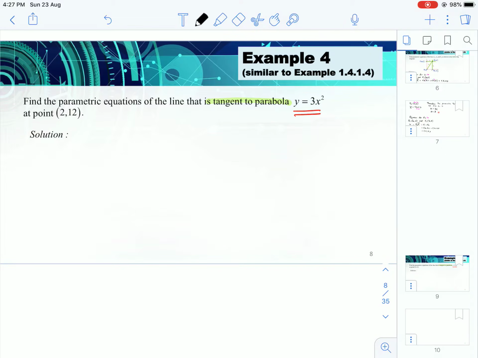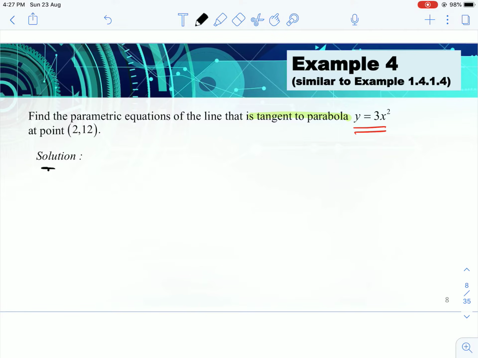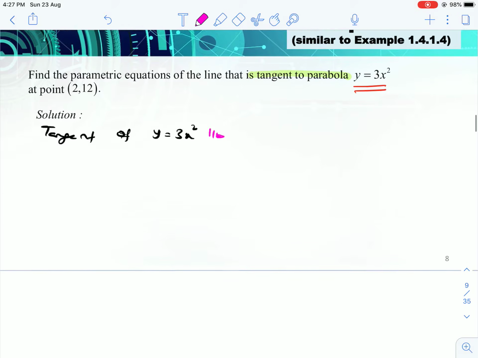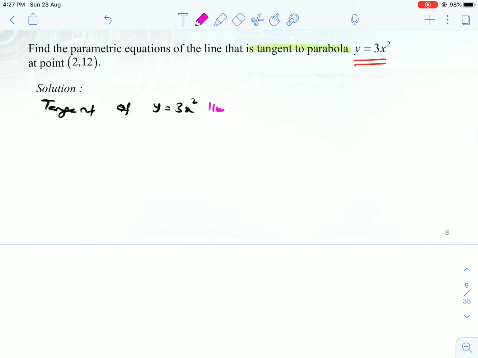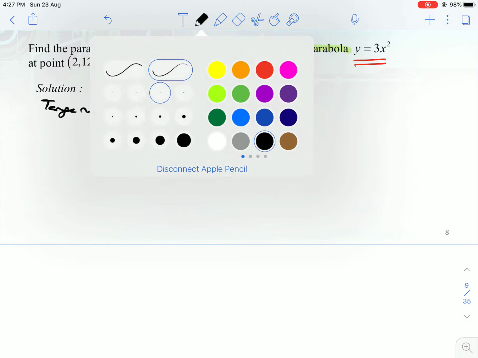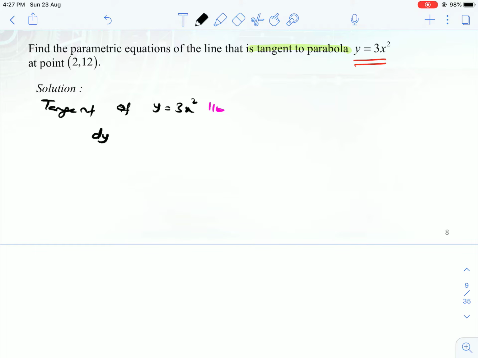The tangent of y equals 3x squared: we need to differentiate. So dy over dx equals 6x.